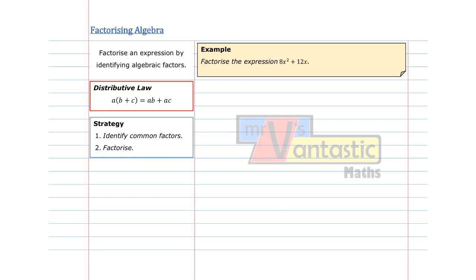So the expression we've got is 8x squared plus 12x. And what we're going to do is think of which factors both of these numbers have. So let's start with this 8x squared. And I'm going to write this in red because this is what I'm thinking or writing on a scrap piece of paper.